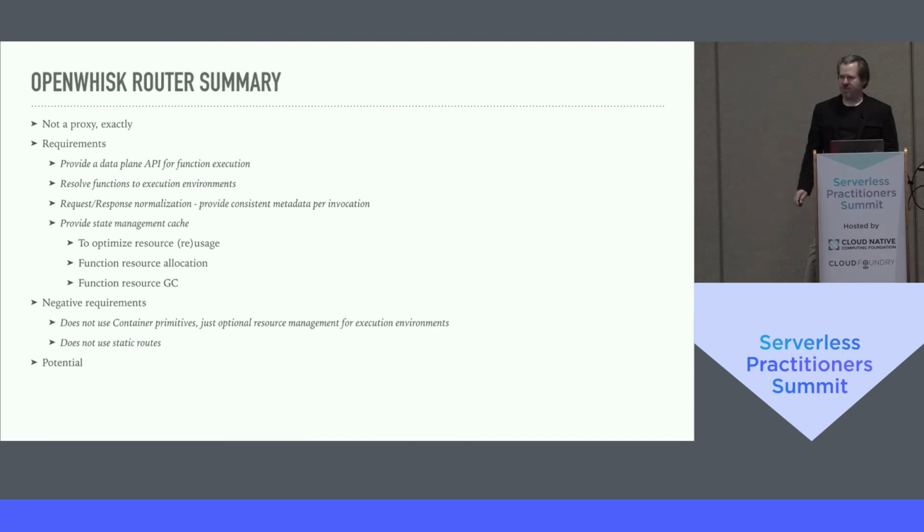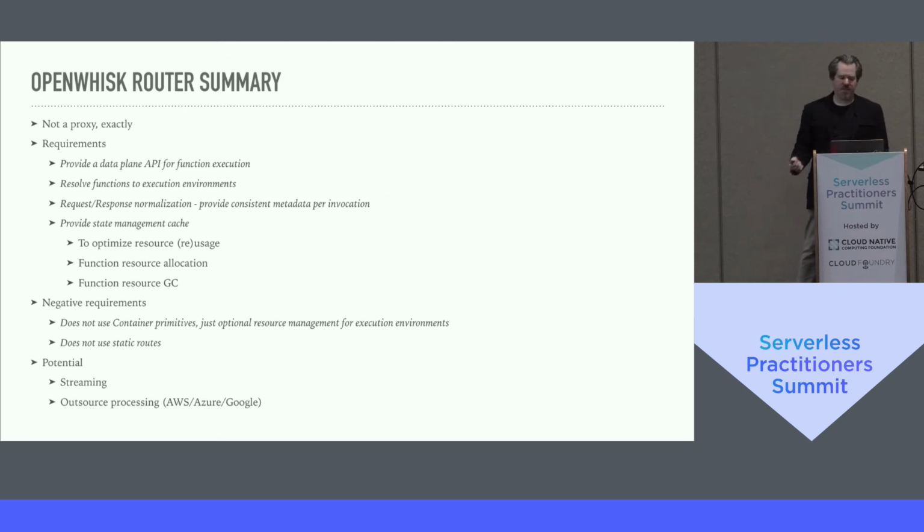And then some potential features that we can add at this layer of abstraction are things like streaming, where we don't really allow users to connect directly to containers today, but we could allow them to connect to this router and proxy that streaming behavior into the container. Whether or not the execution provider supports it doesn't really matter at that point.